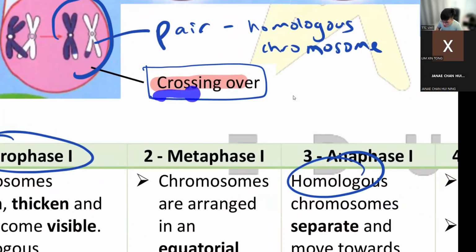Right, what is crossing over for? Crossing over is to shuffle, right? Shuffle is to get different cards, right? If three of us play Uno, we play the first round, then we collect back the cards, shuffle again, and play the second round.